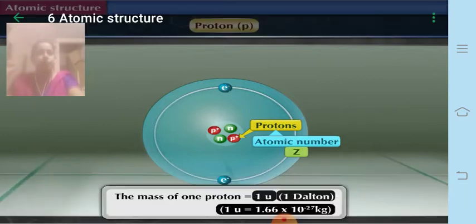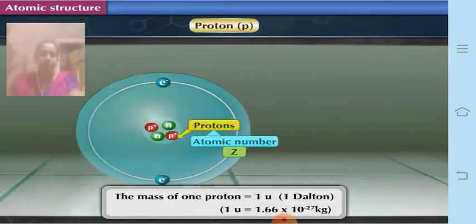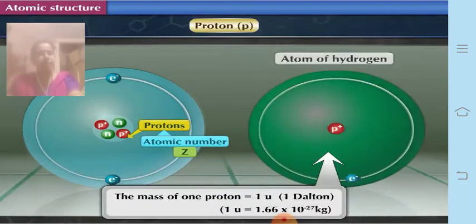The atom of hydrogen also has the same mass, around 1.66. Hydrogen is the smallest atom, the first atom in the periodic table, whose atomic mass is the same as that of one proton.